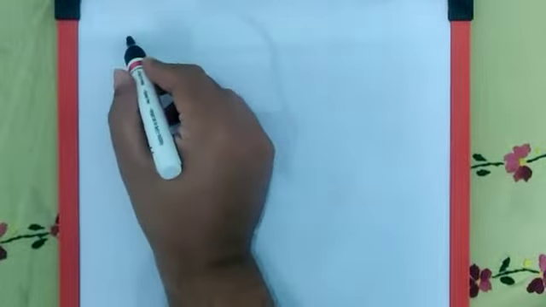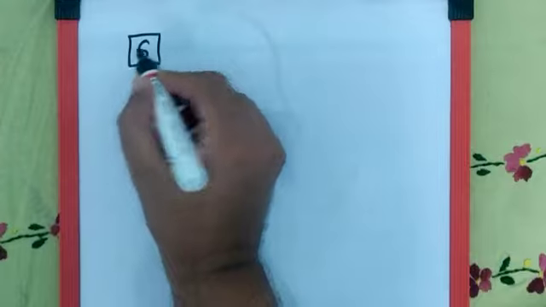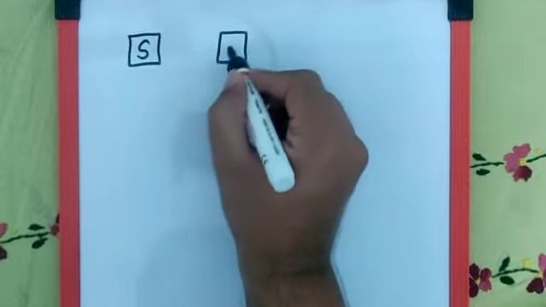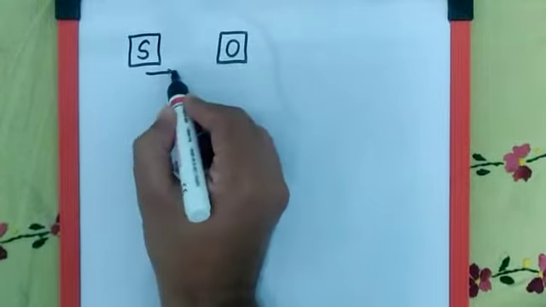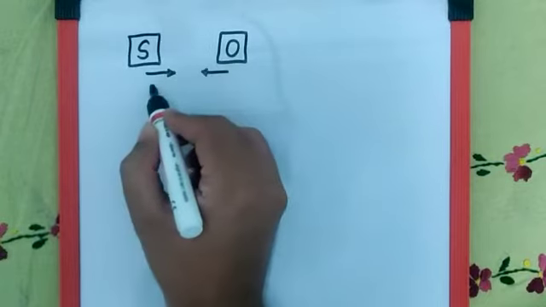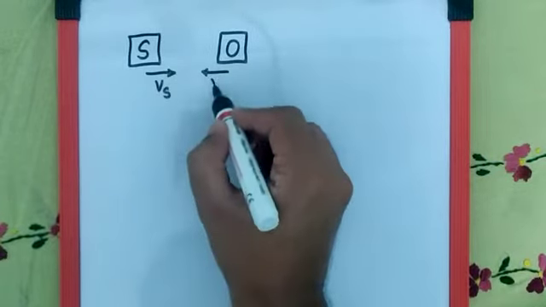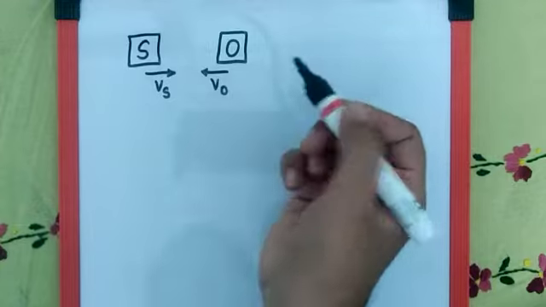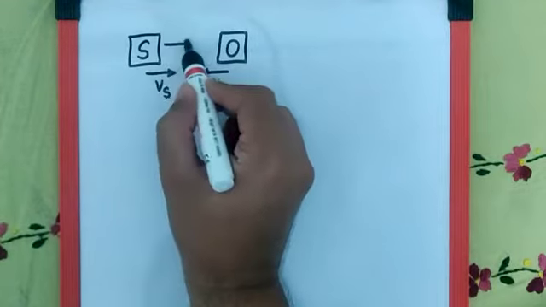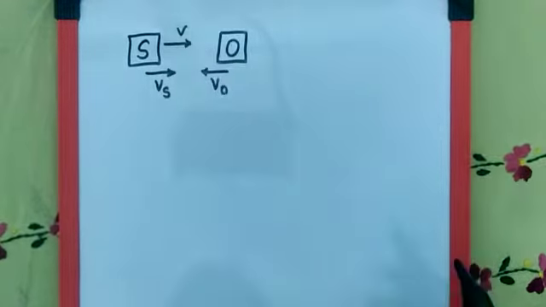So now to understand how this formula came up, let's take an example. Let's say there is a source and there is an observer. Both are moving towards each other with their respective speeds Vs and Vo. Now we know the speed of the sound is V, which always travels from source to observer.